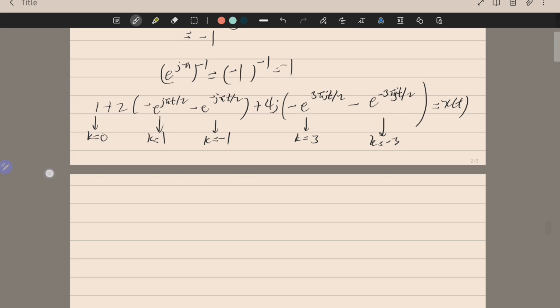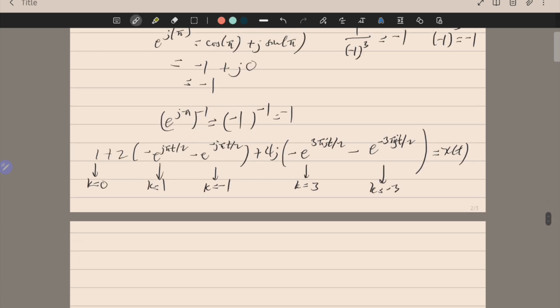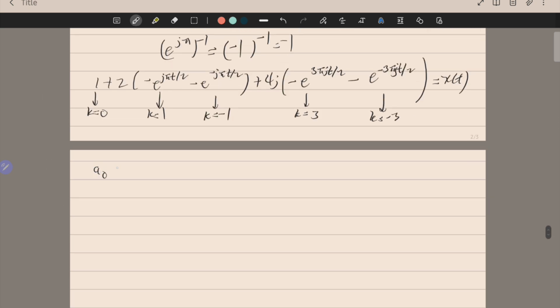What we need to find now is a of k, right? What are the a of k? So a of 0 is equal to 1. Can you see that? We're looking for the magnitude, the constant in front of the sinusoid.